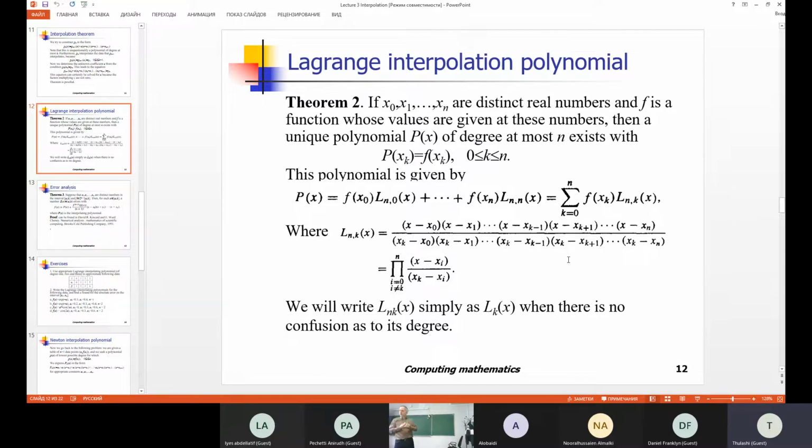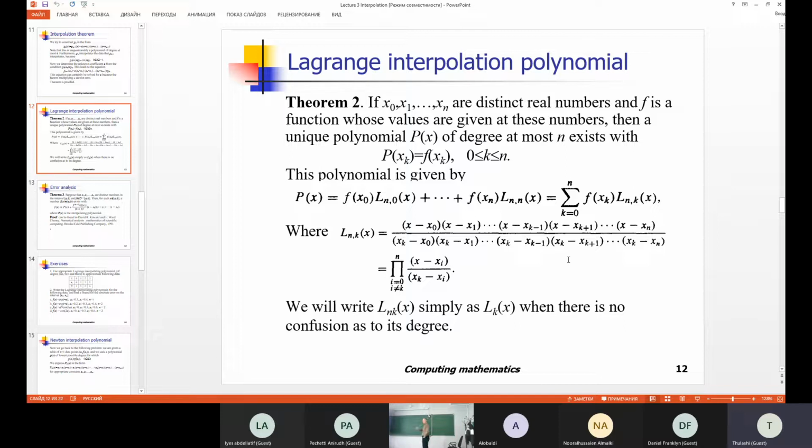And the same situation will be for x1 and x2. If you substitute here x1, we get 0, 1, 0, and P2 of x1 will be f1.